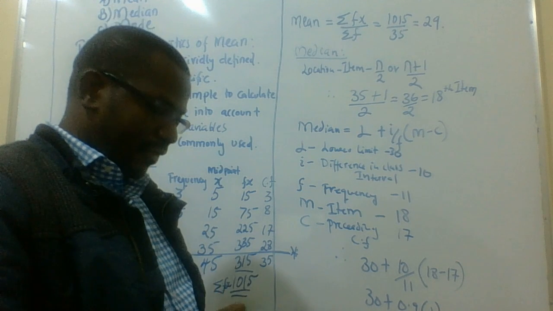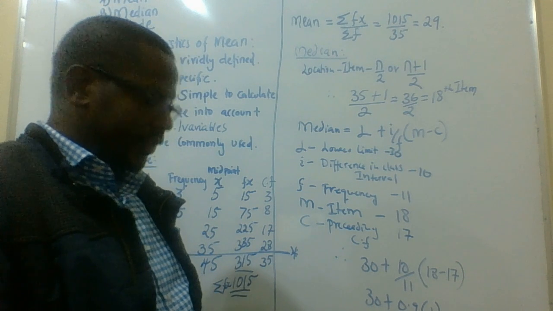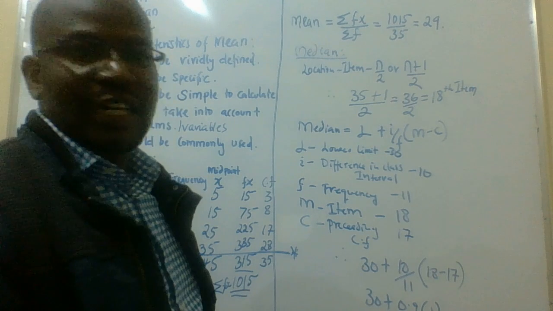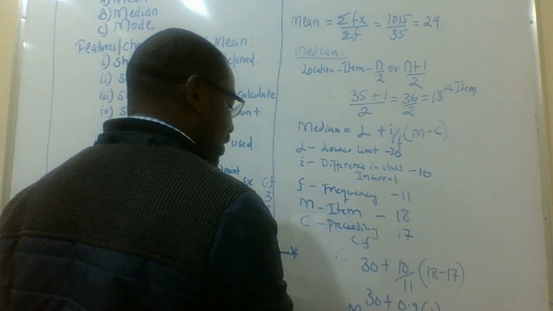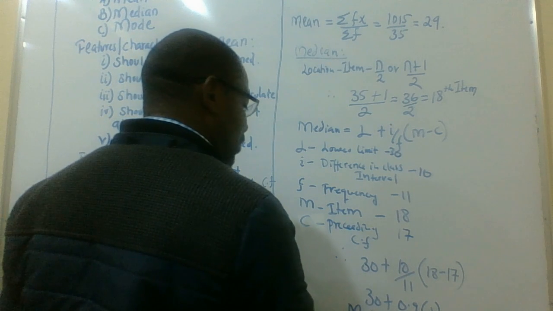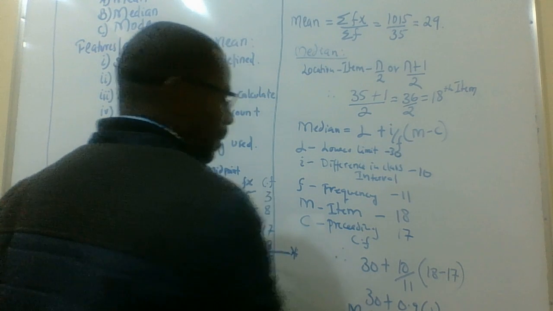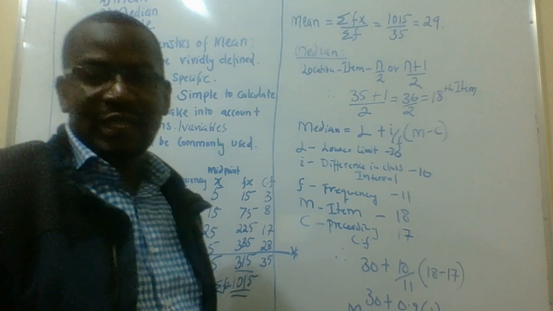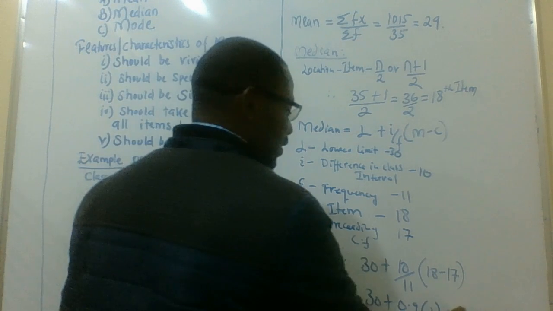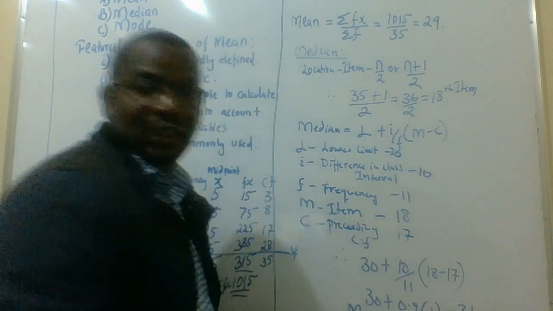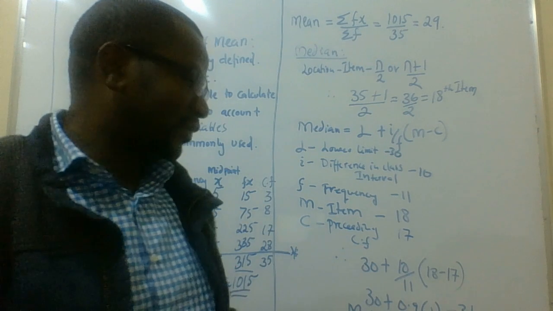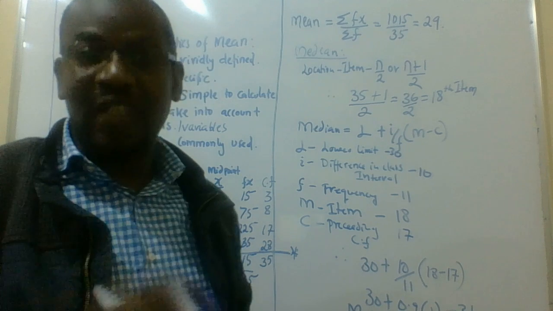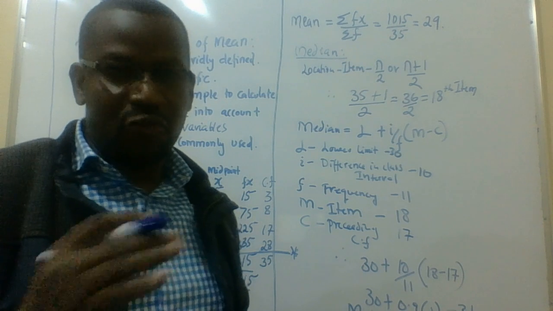So we shall have 30.9 or 31. So our median is equal to 31, or 30.9.